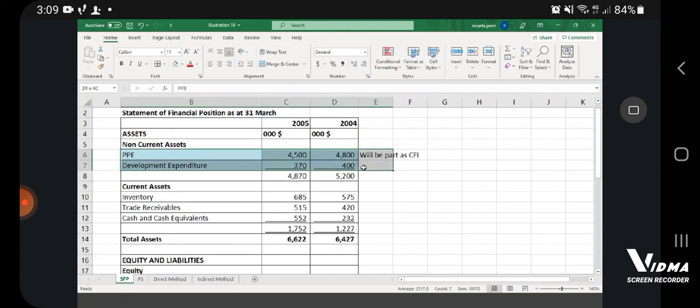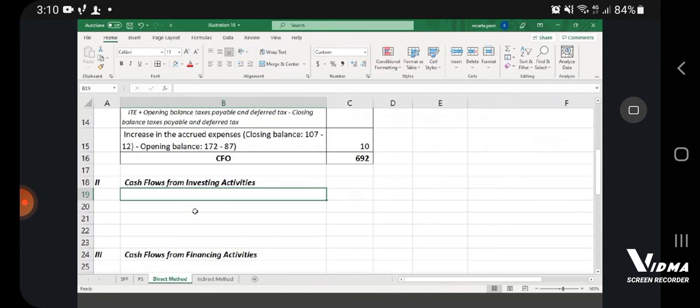Everything that has happened in here. Probably I have purchased new property, plant and equipment, and maybe I have sold some of them. I know that I sold some property, plant and equipment, and I have received some money, but maybe I also purchased some new ones. And also the development expenditure, you see, it has changed from one year to the other. Remember that development expenditure is an intangible asset. It means payments that I've made, and this will have an impact on the cash flow statement.